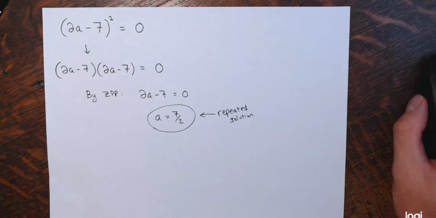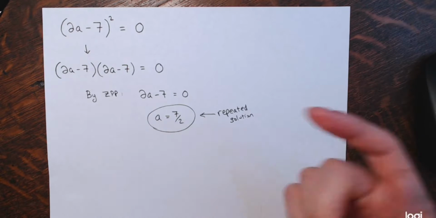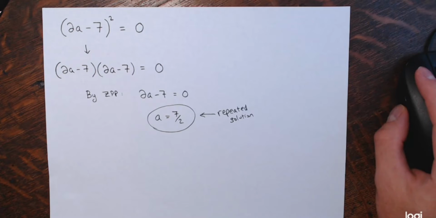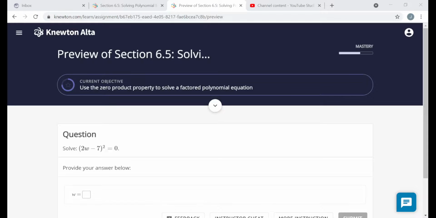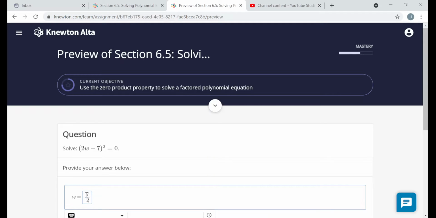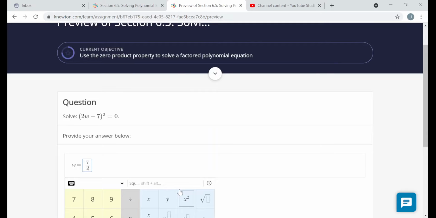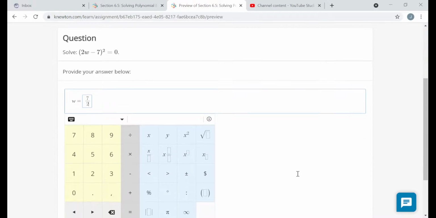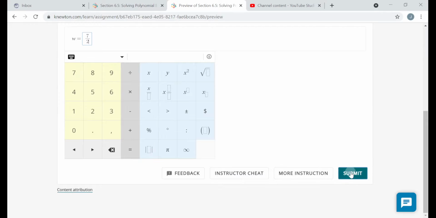Don't worry about that stuff. Just know that the only solution here is positive 7 halves. So my answer is just w equals 7 halves. Well, I put a, didn't I? Whatever. Sorry, I wrote a instead of w, but w equals positive 7 halves. This is the only solution of this equation here.